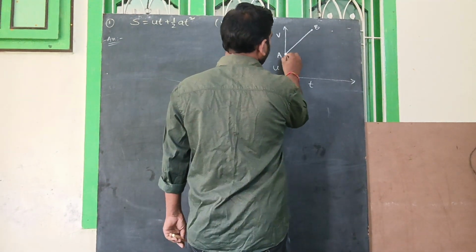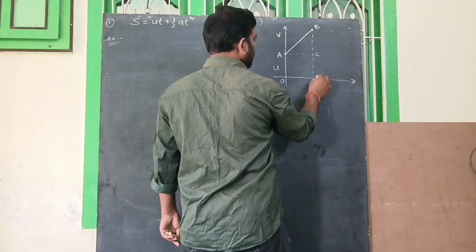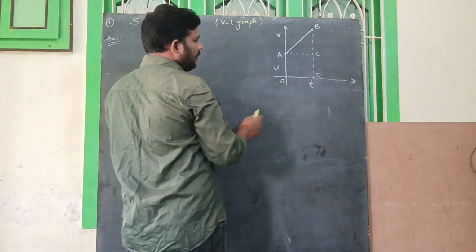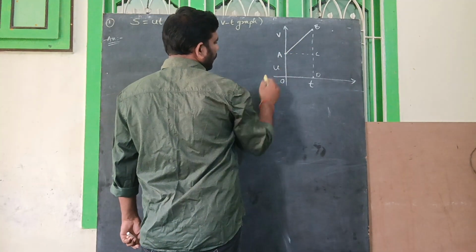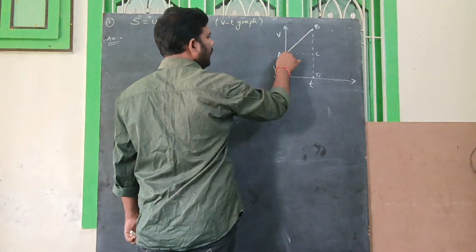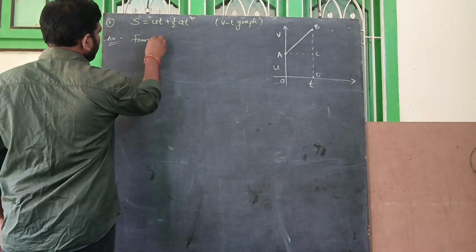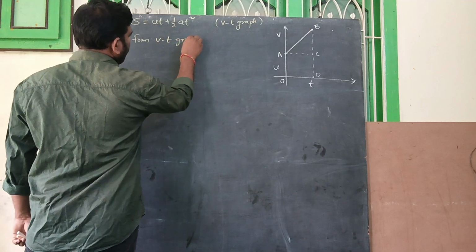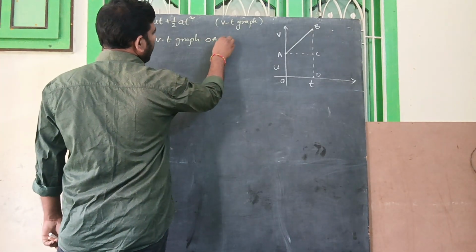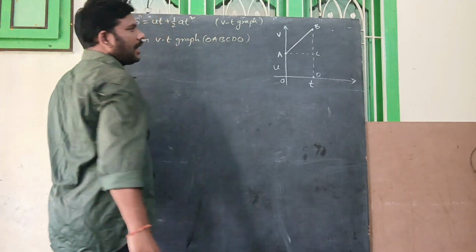Then we can write this point as C and this one as D. Here we can observe that the initial velocity OA is u, and the final velocity is at B as the particle moves from A to B. From the velocity and time graph, we have the points O, A, B, C, D and O. This is the graph.